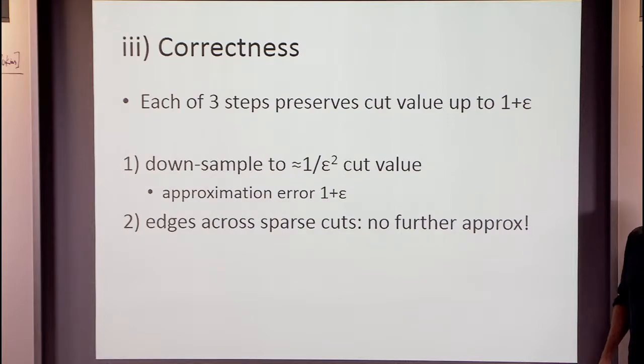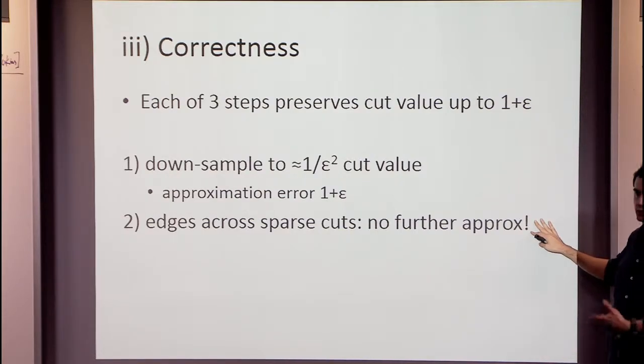Okay, so step 2, basically the green part, right? What is its error? Well, since we store the edges across the sparse cuts exactly, we know exactly what they are. There is no more sampling. There is no additional approximation introduced.